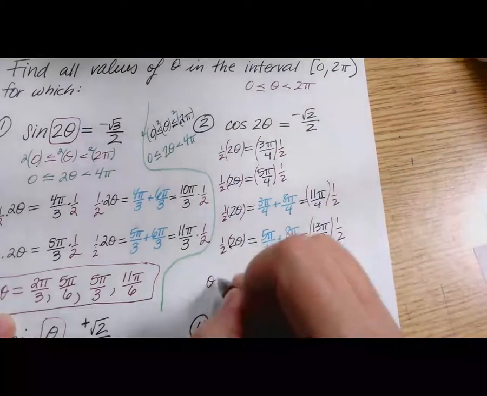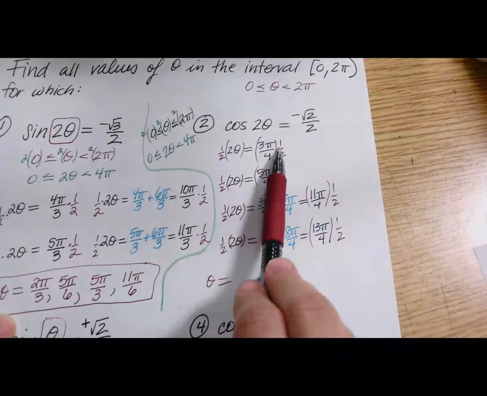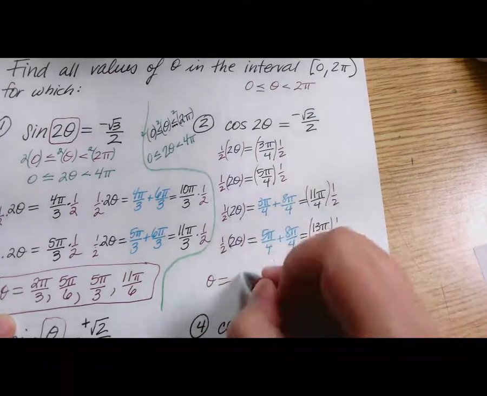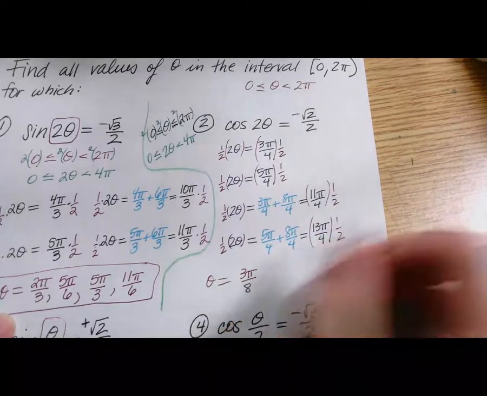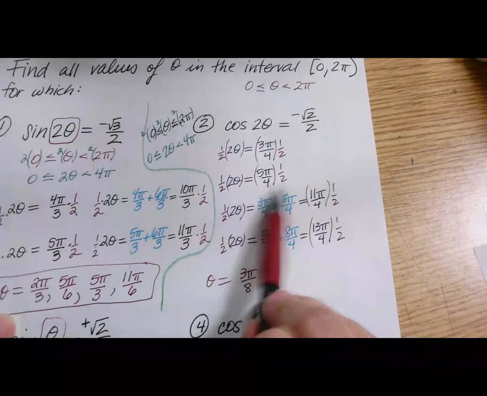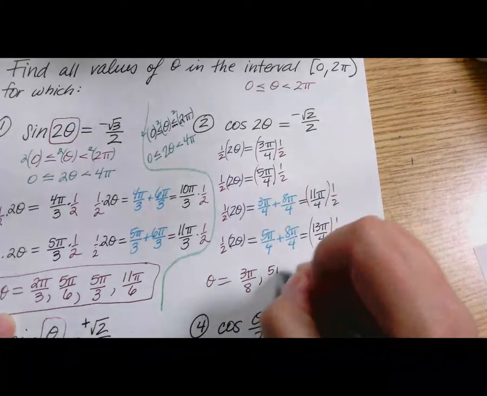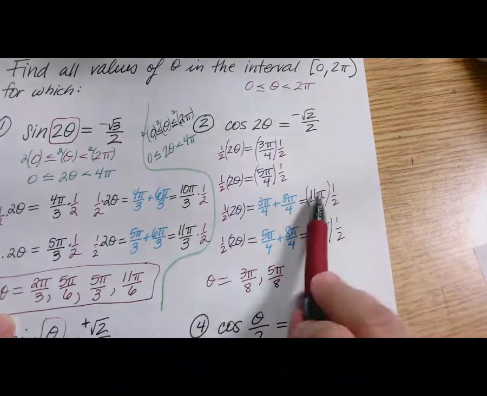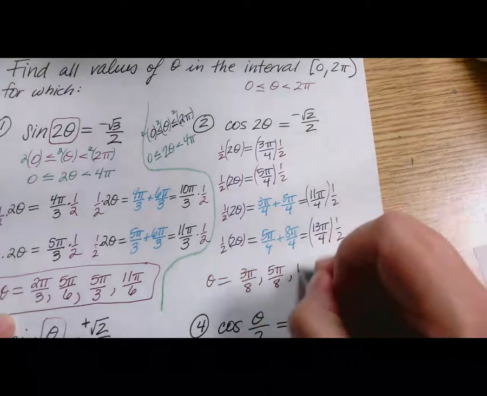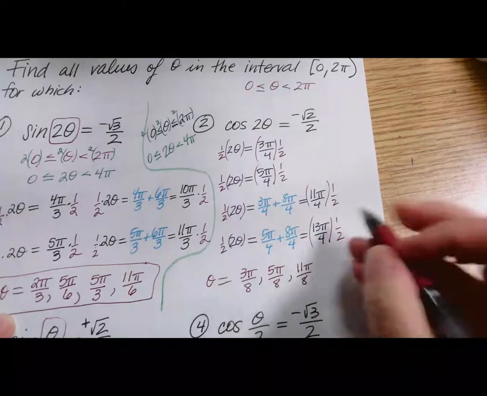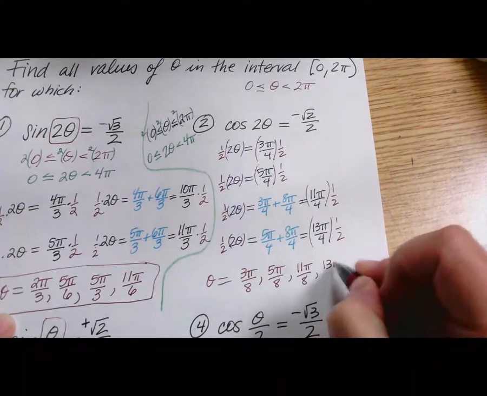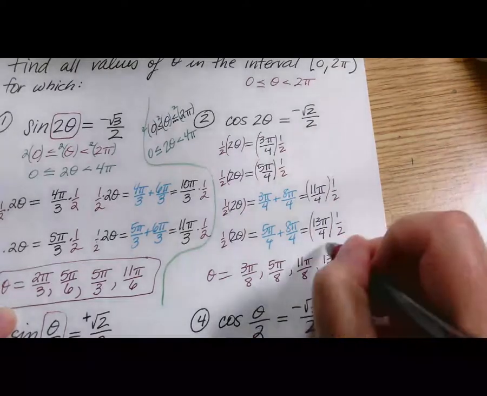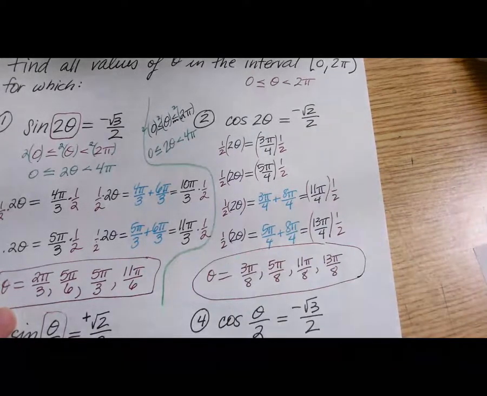So our values are 3 pi over 8, 5 pi over 8, looks like we won't have to simplify, 11 pi over 8, and 13 pi over 8. Did you guys get this? Awesome. So those are your 4 answers.